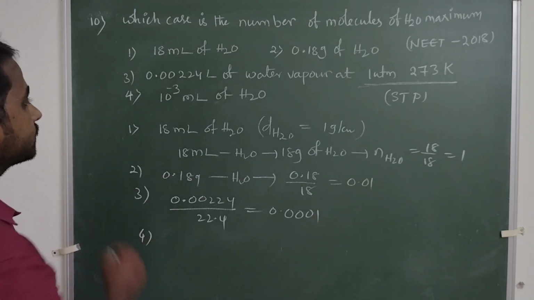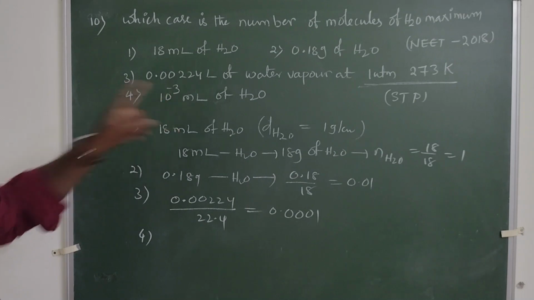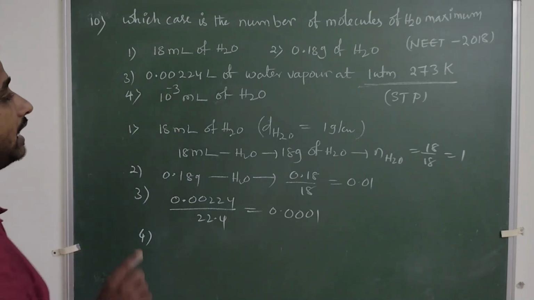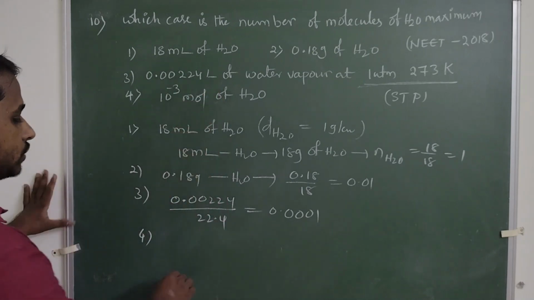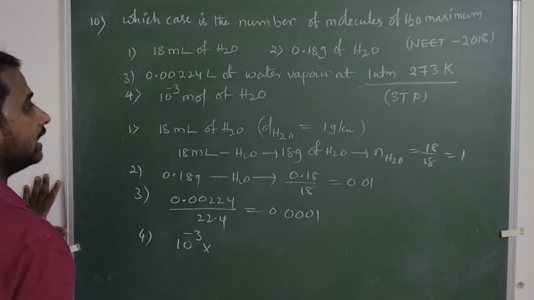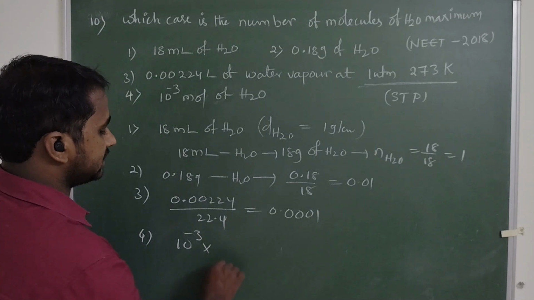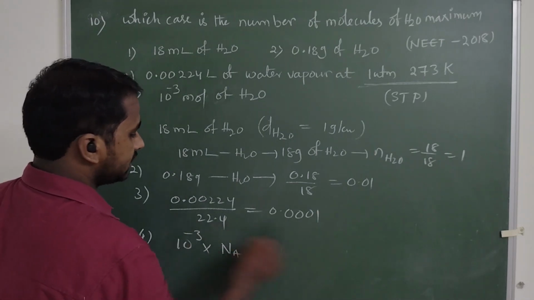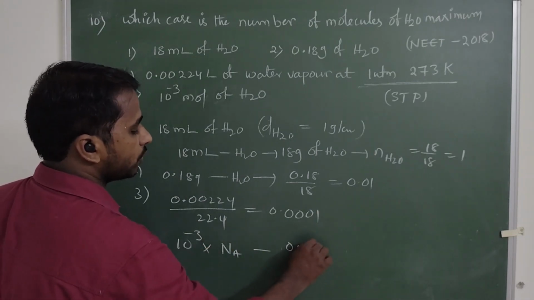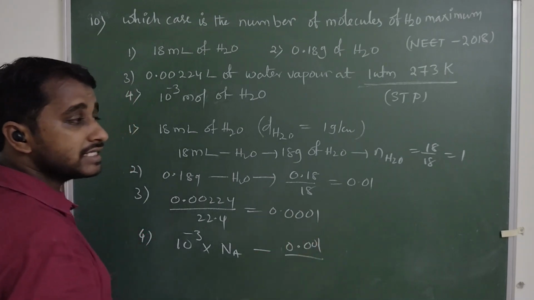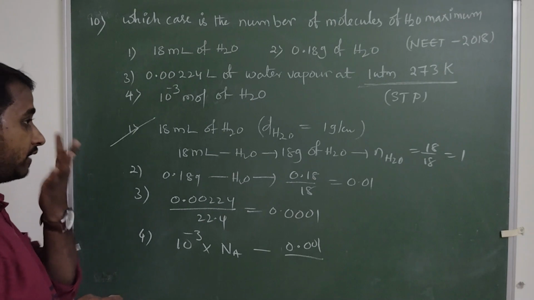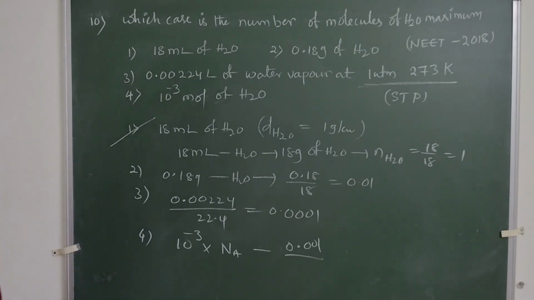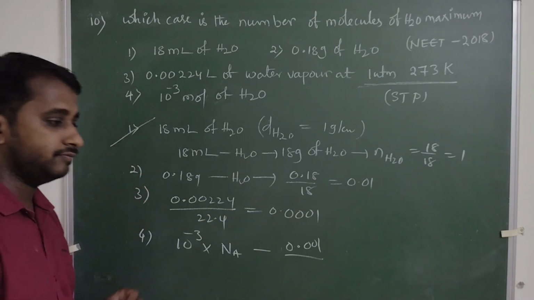Coming to the last option, 10 power minus 3 milliliters of water. Actually this is moles of water. So it is 10 power minus 3 into NA, around 1 by 1000, so 0.001 mole. So which has the highest number of moles? 18 ml of water has the highest number of moles. So the answer is option A.